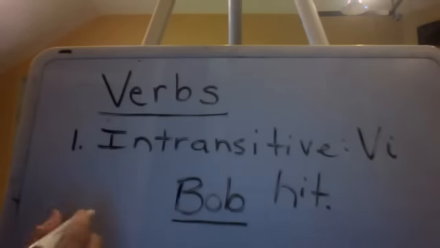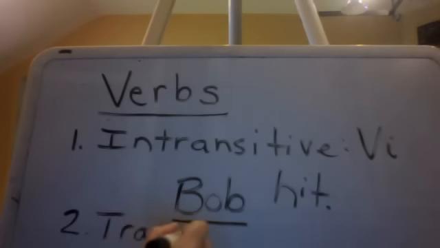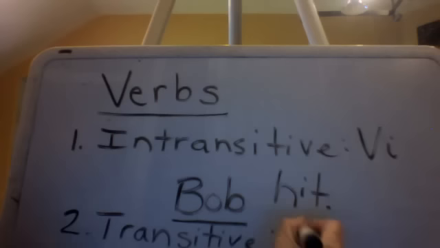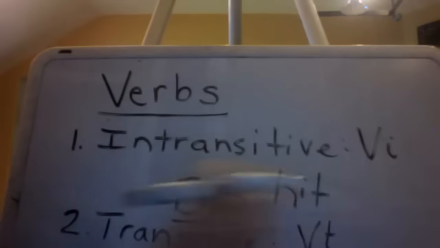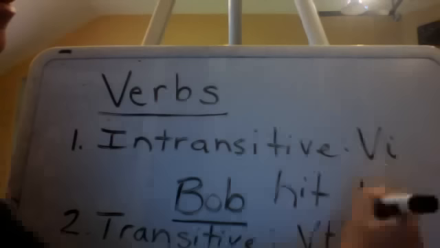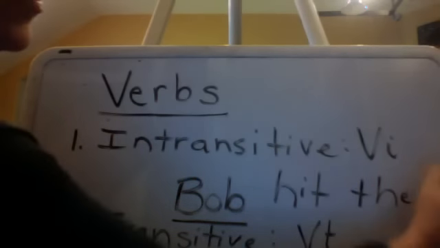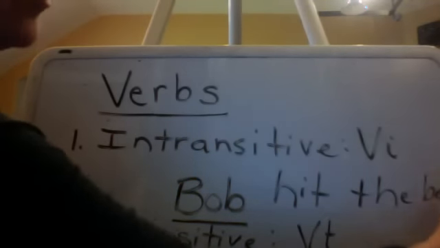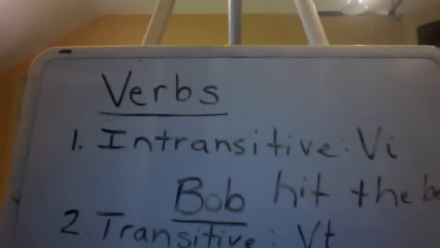The second type of verb that we need to learn about is a transitive verb. And its abbreviation is a V with a small t. If we change our sentence from Bob hit to Bob hit the ball, we have changed our verb from a verb intransitive to a verb transitive.